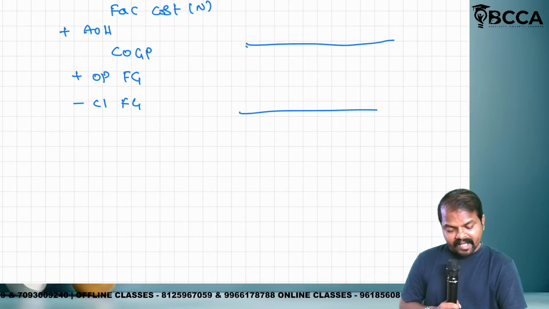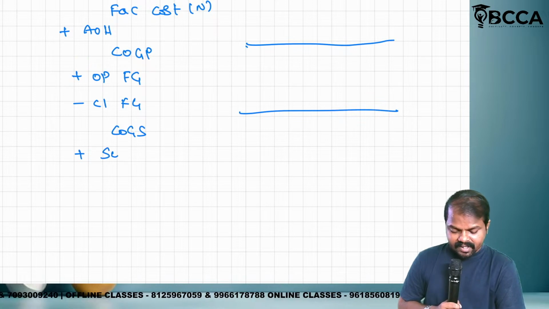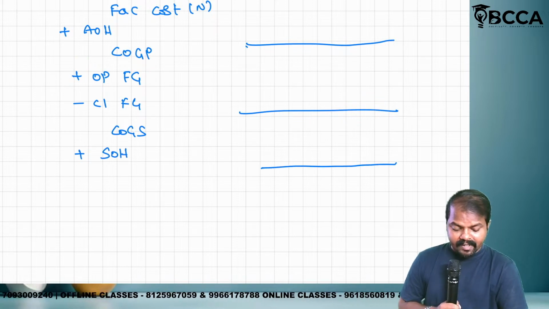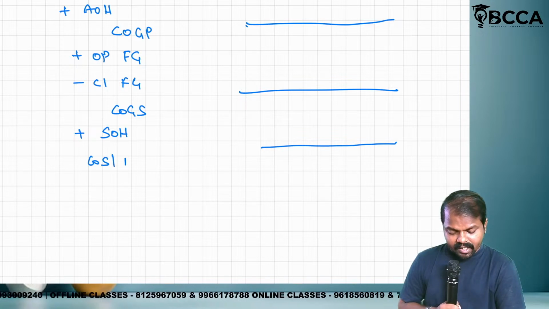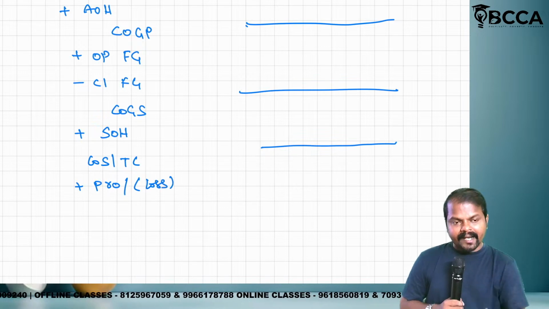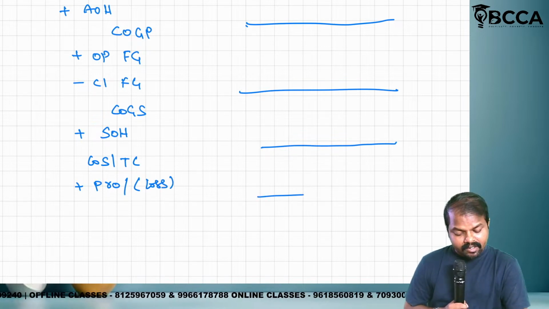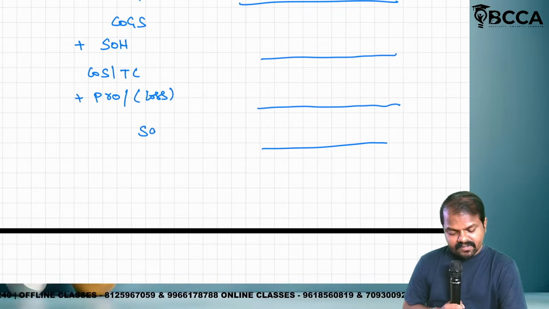Result shall be referred as cost of goods sold, plus SOH. Result shall be referred as cost of sales or total cost, plus profit. If you get loss, I will tell in a minus. Correct.